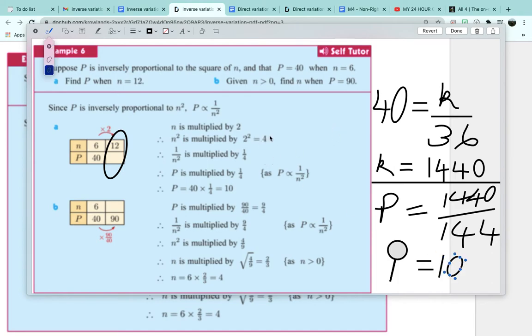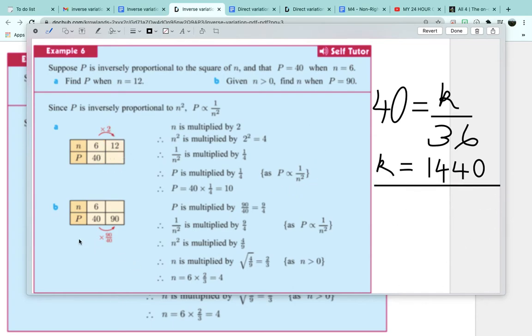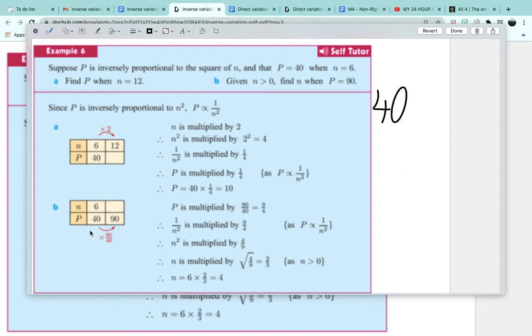You can see they've done it a completely different method here. If you prefer this method, please use it. Let's have a go at question B. With question B, we're going to do a very similar thing. We're going to say that k is going to be used in this proportionality, and we're still using the same relationship.